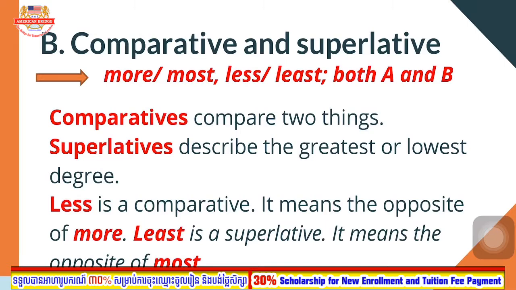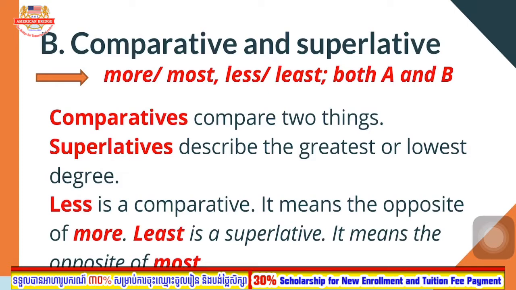When those adjectives have more than one syllable, can be three syllables, we use more before that adjective. But for an adjective that has more than two syllables, we always add more before that adjective.